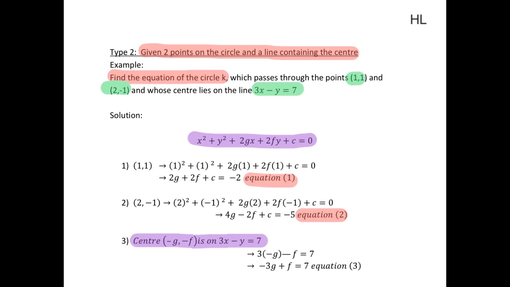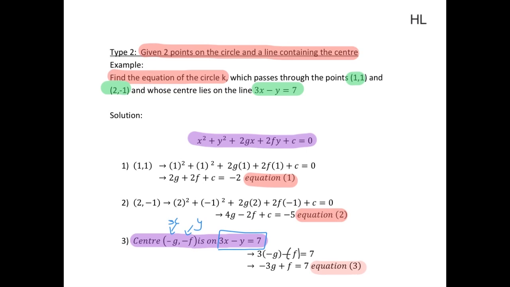So what that means is if we have x is -g and y is -f, a point on this line, we can substitute these 2 values in to get 3 times -g minus -f is equal to 7, or in other words, -3g + f = 7, and we can label that as our equation 3.